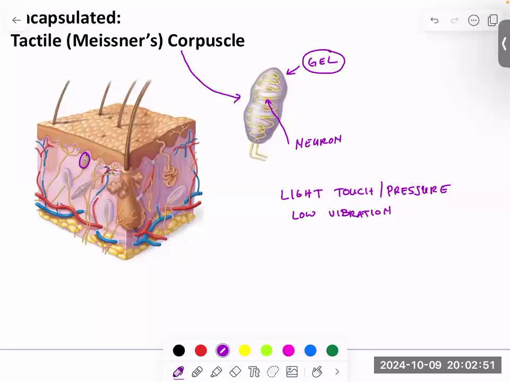They're all a form of mechanoreception, some sort of touch. It is another mechanoreceptor, literally meaning it detects some sort of touch.